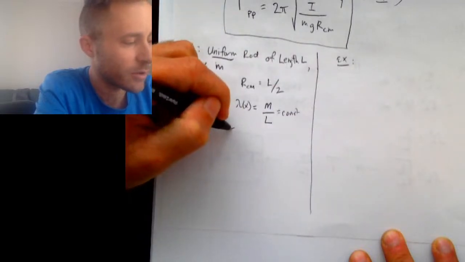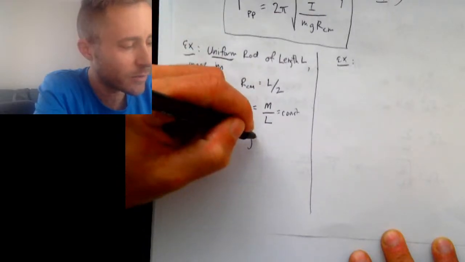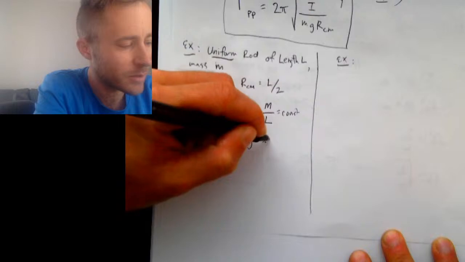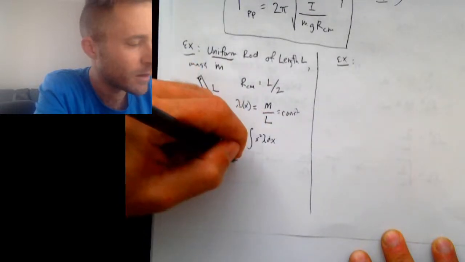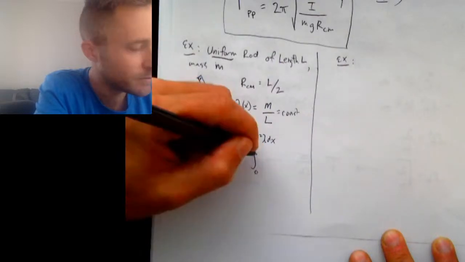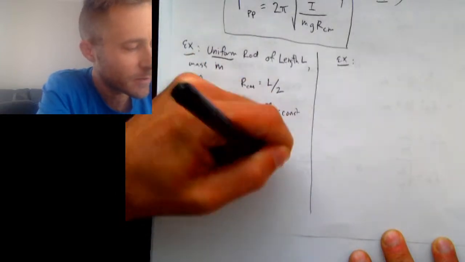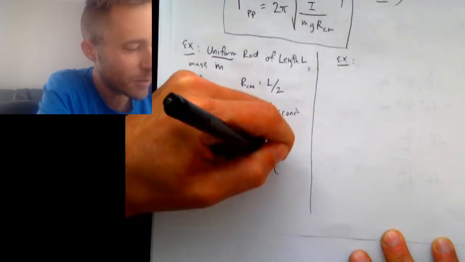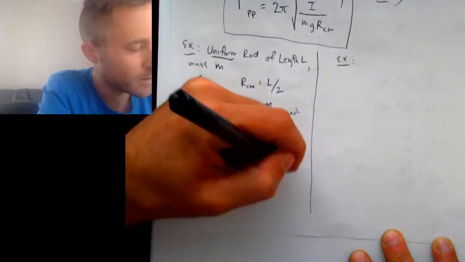So then I can calculate my inertia, which is going to be the integral of x squared times lambda dx. The integral is going to go from 0 to L, so 0 to that length, of x squared times lambda, which is m over L, that's a constant, dx.